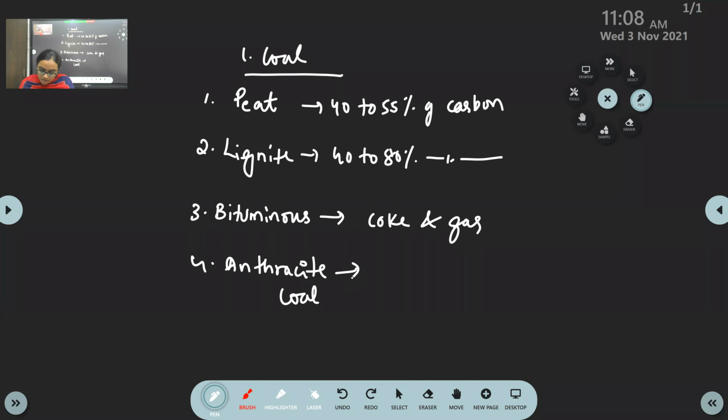Next point. About 80% of the coal deposits in India is of bituminous type. Which type? Bituminous type. What about iron ore? Which type of iron ore is found in India? Hematite. Expect these questions. Bituminous type and is of non-coking grade.